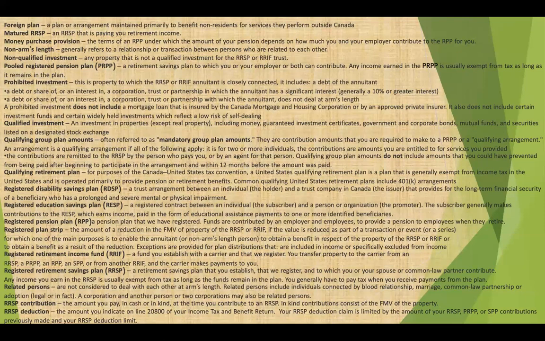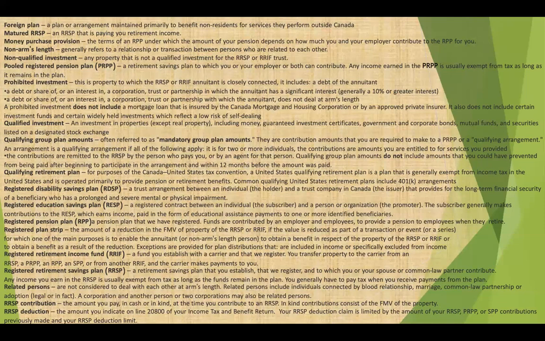Then prohibited investment, that is property to which the RRSP or RRIF is closely connected. Qualified investment is an investment in property, it could be money, government bonds, corporate bonds, mutual funds, securities on the stock exchange markets.